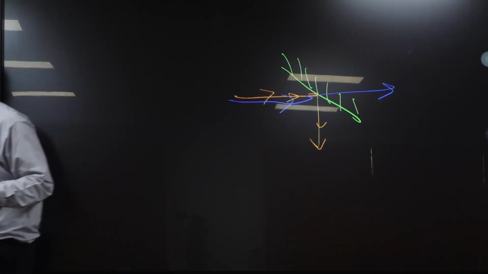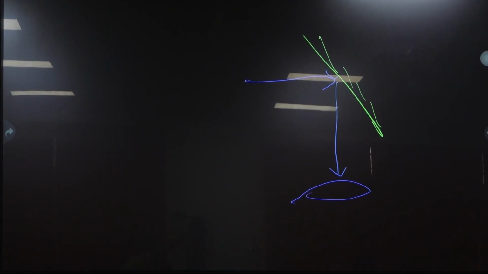Let me draw it slightly differently. You can have a mirror which reflects blue light. Light falls on a sample, and let's say red light is emitted by the sample after fluorescence. That light does not get reflected, it gets transmitted through.